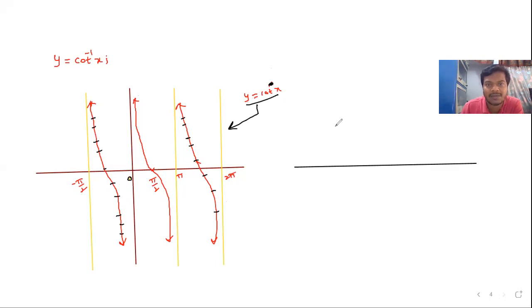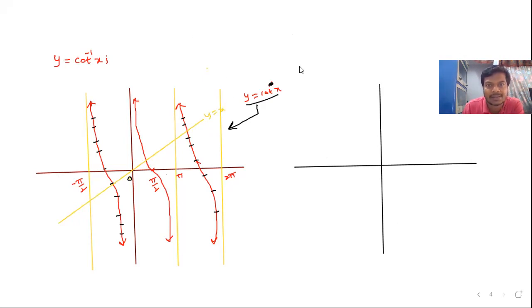This is cot x graph. Now cot inverse of x. And symmetry graph about y equal to x, what we get for this. For this graph, symmetry graph about y equal to x we have to draw.